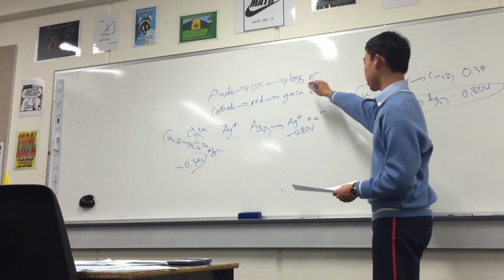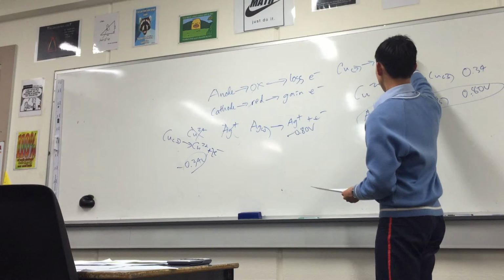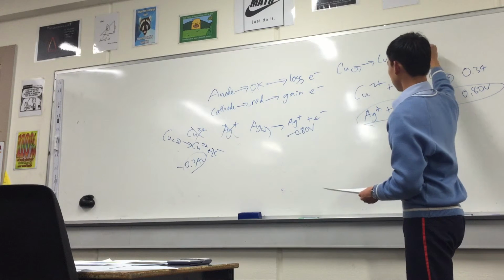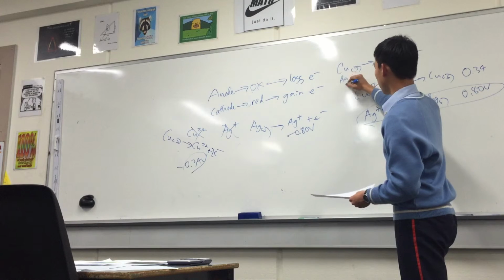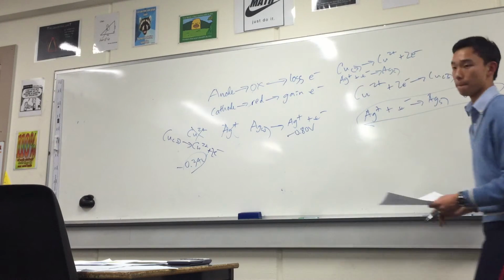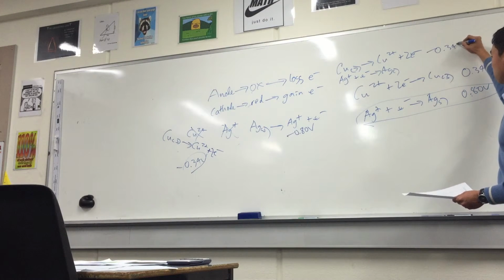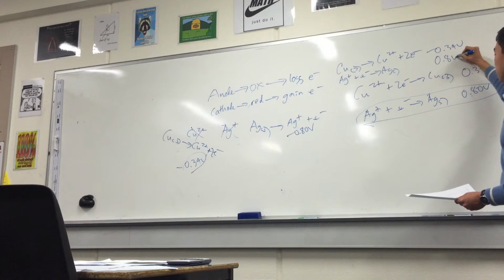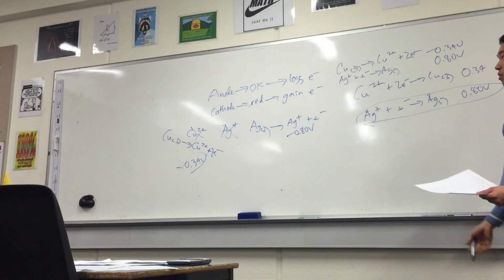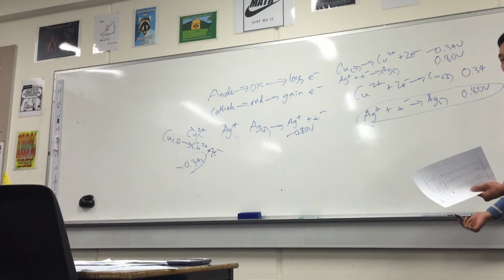So now I look at my anode equation. My anode equation is copper solid to Cu2 plus plus 2 electrons. And here I've got Ag plus plus an electron becomes Ag solid, right? Negative 0.34 volts, 0.80 volts. So what is my total voltage for this galvanic cell? 0.46.